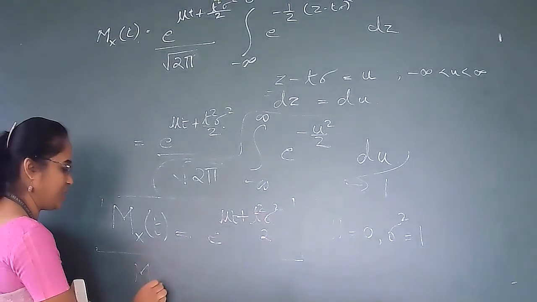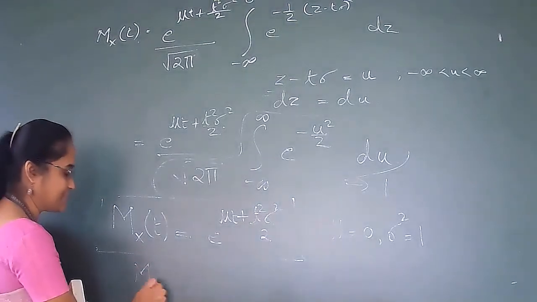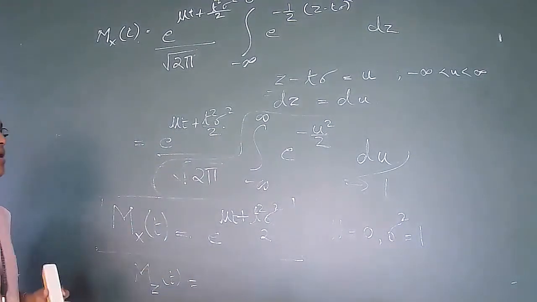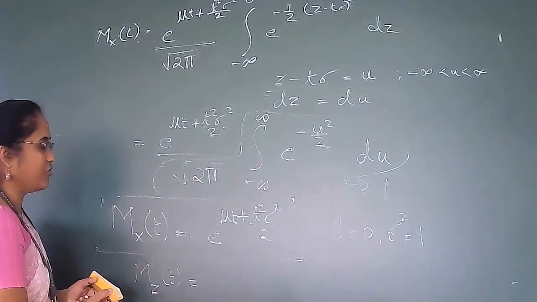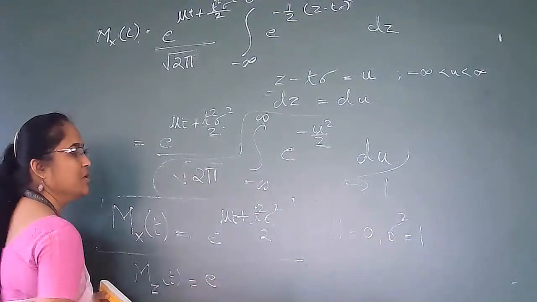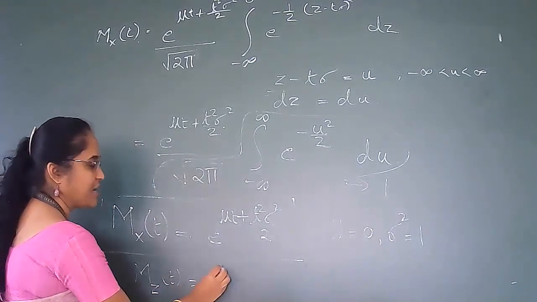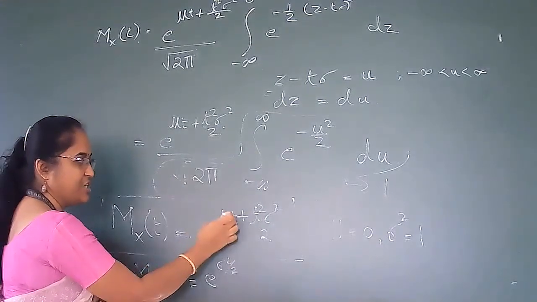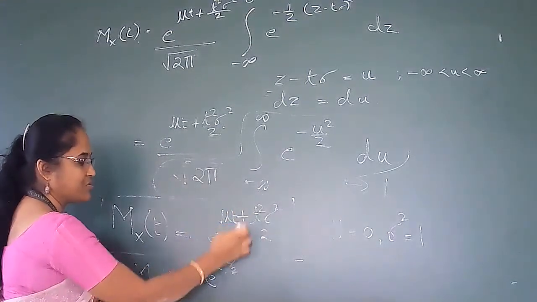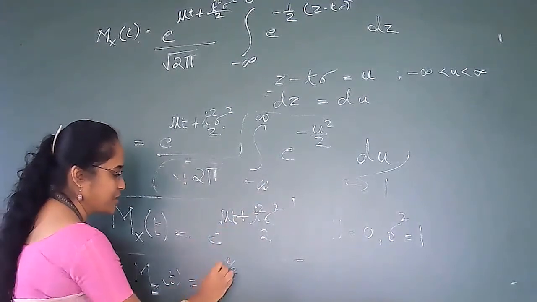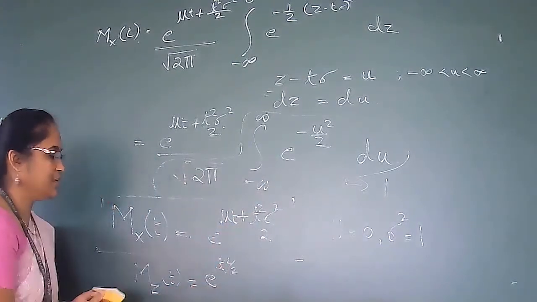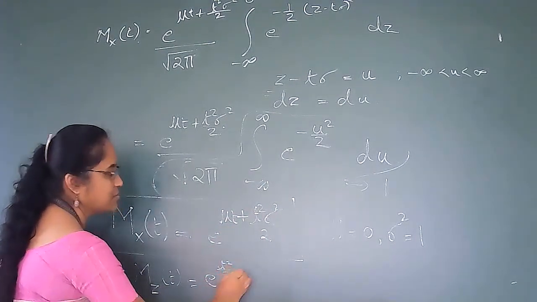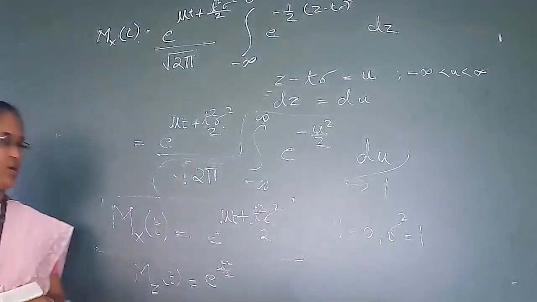When we call z a standard normal variate, I'm going to get the MZT of it as e raised to, you would be just having sigma square by 2 because mu is 0, this term vanishes, sigma square is 1, so I'm just left with t square by 2. That is e raised to t square by 2, and I'm talking about the standard normal variate. Okay, thank you.